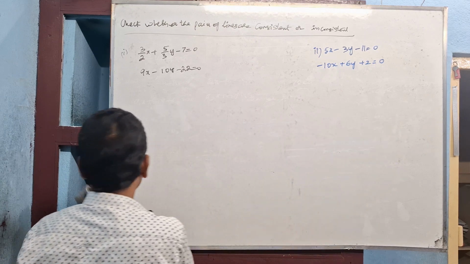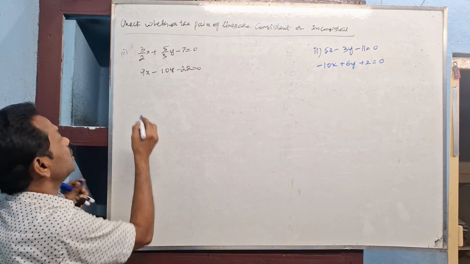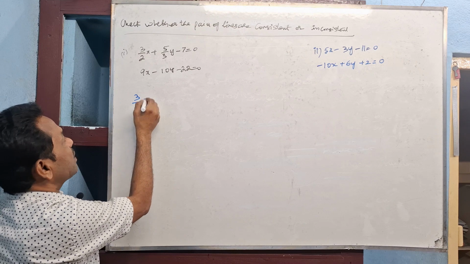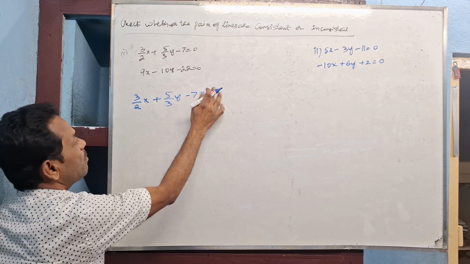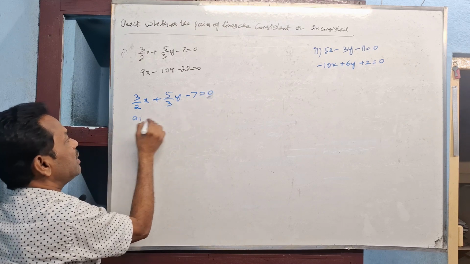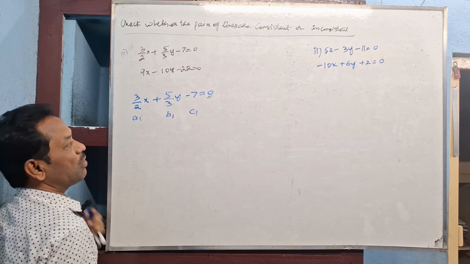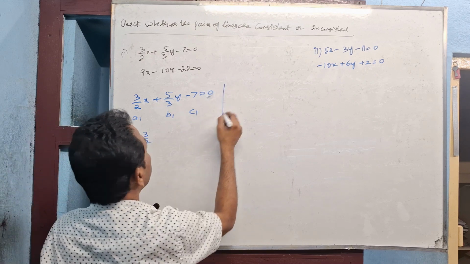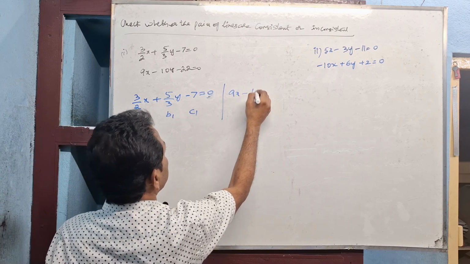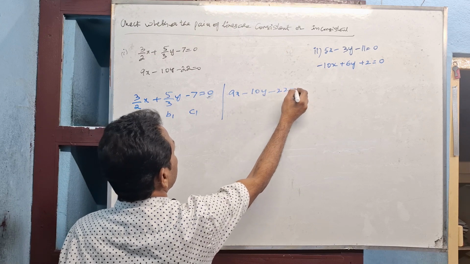Now, we have two equations. The first equation is 3 by 2 x plus 5 by 3 y minus 7 equals 0. This is a1, this is b1, this is c1. So a1 value is 3 by 2. The second equation is 9x minus 10y minus 22 equals 0.